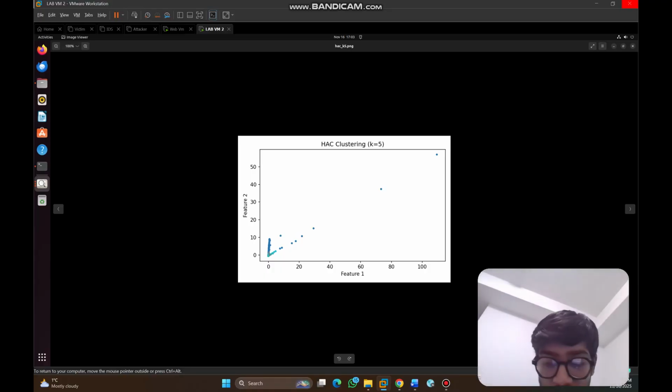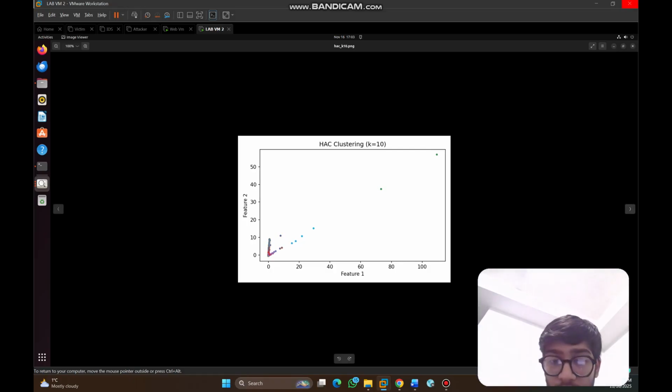This represents different flow behavior, such as varying session duration, or maybe traffic intensity. And HSE also produces less circular shapes compared to k-means.